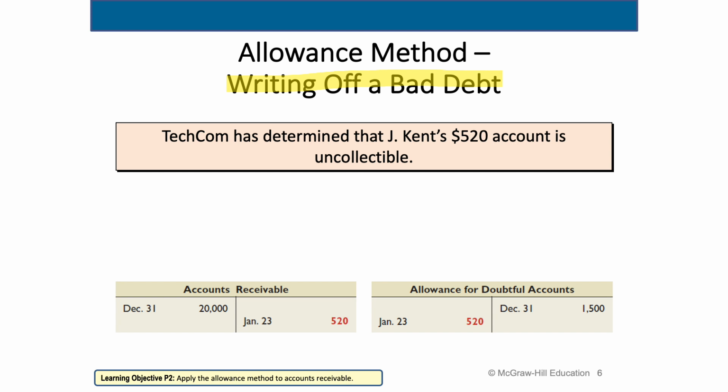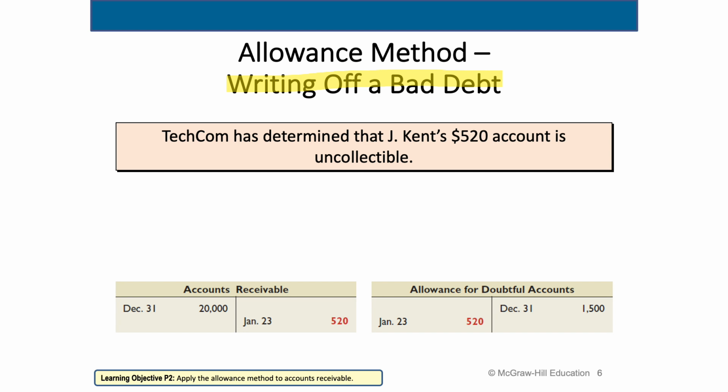But now, when they say writing off a bad debt, it means that now we are sure that this customer is not going to pay the money. So in this example, they're telling me that J. Kent is unable to pay us 520. So this 520 is uncollectible, and we're quite sure.